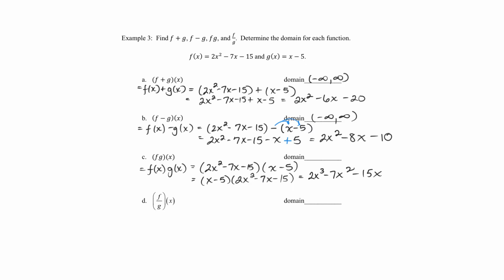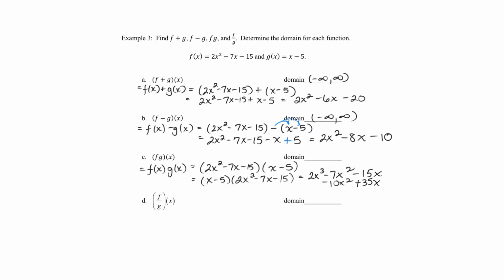Now I'm going to come back through and multiply everything by negative 5, and I'm going to line up my like terms. So negative 5 times 2x squared is negative 10x squared, lining up my like terms. Negative 5 times negative 7x is plus 35x.